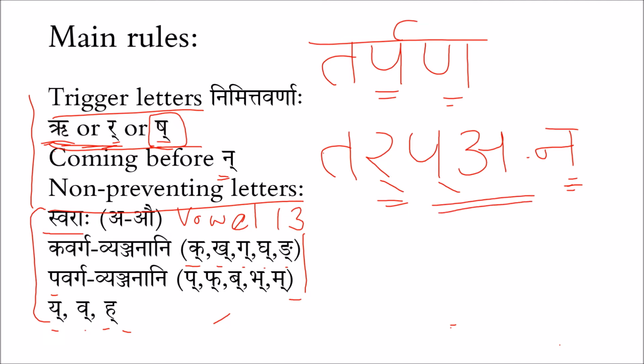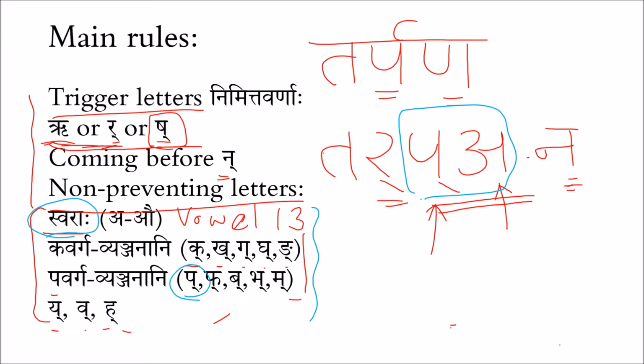but in between there are two more letters, not only one. So which are these? There is a vowel, and the vowel here is not preventing changing na to Ṇa. And what else is there? There is also P, which is in the list of non-preventing letters. So both these letters are non-preventing letters.